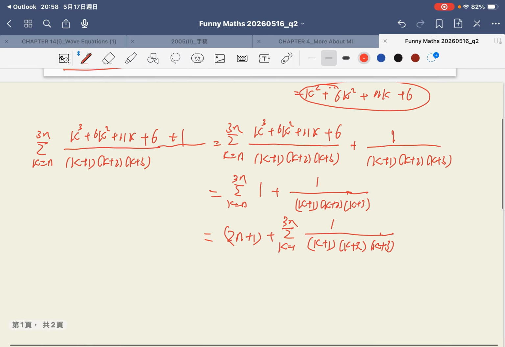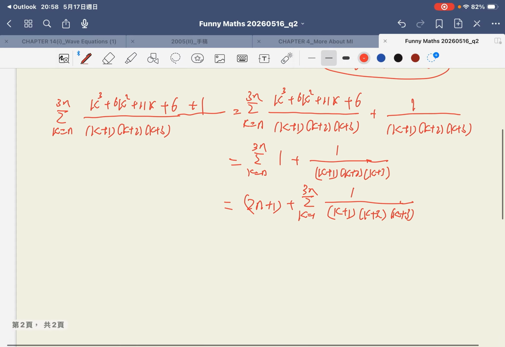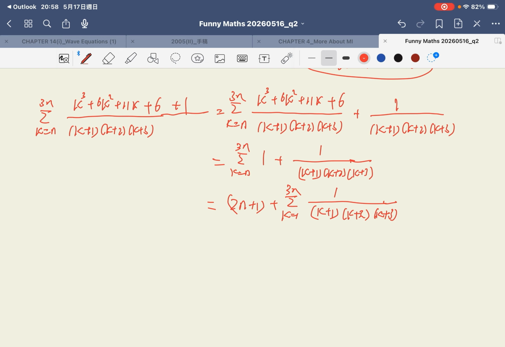And you can use partial fractions to split this one into 3 parts: a over k plus 1, plus b over k plus 2, plus c over k plus 3.